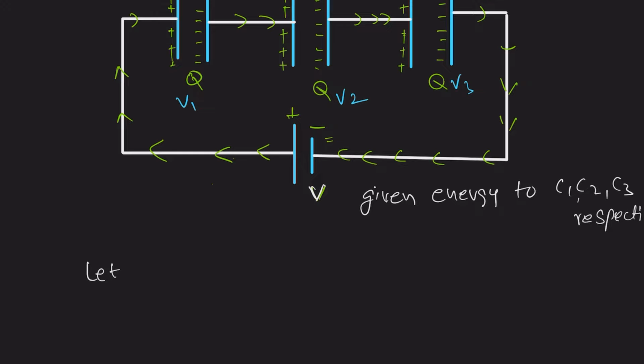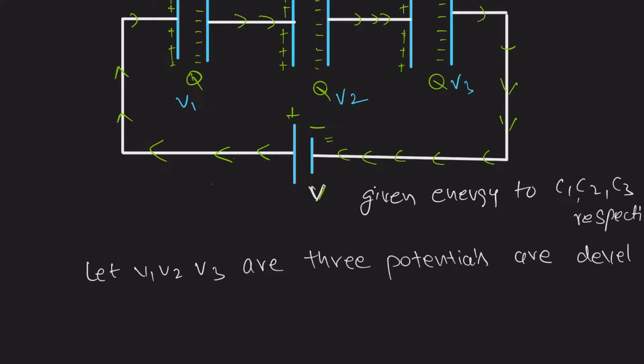Let V1, V2, V3 be the 3 potentials developed across C1, C2, C3 respectively.